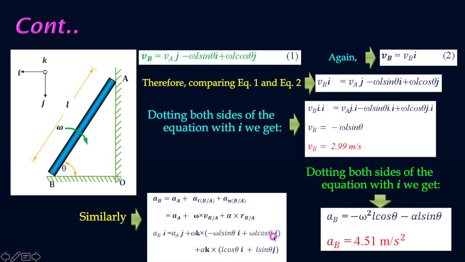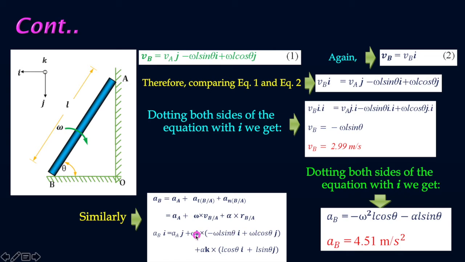Similarly here, j cross k means i, and multiplying this i with i, we get this component. We have omega square L cos theta.